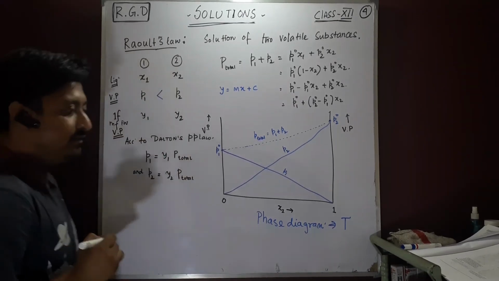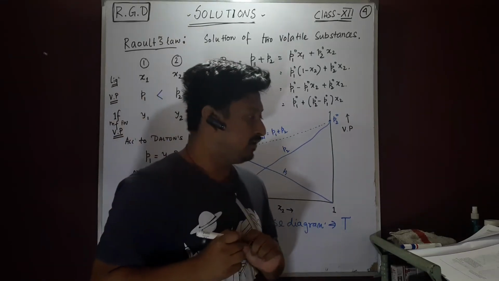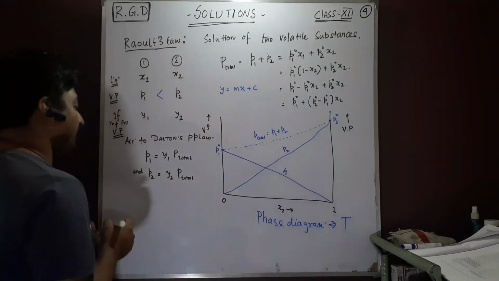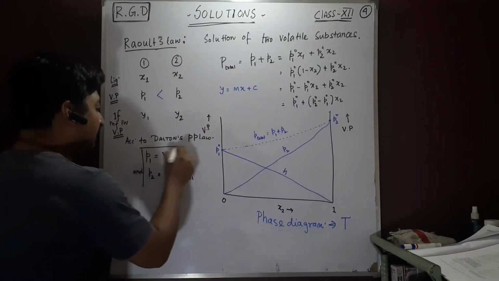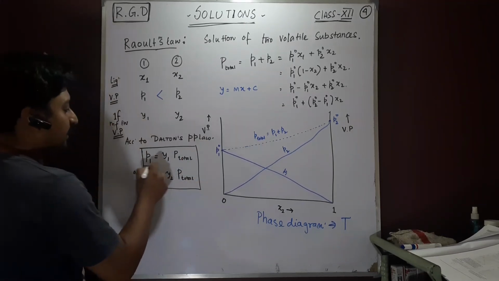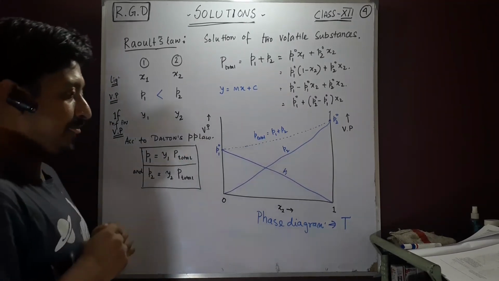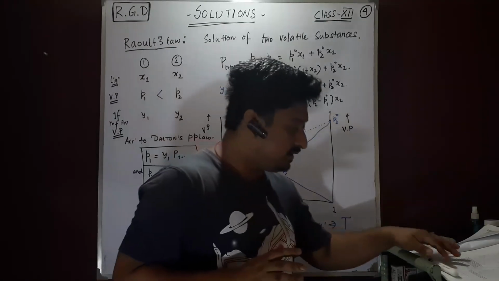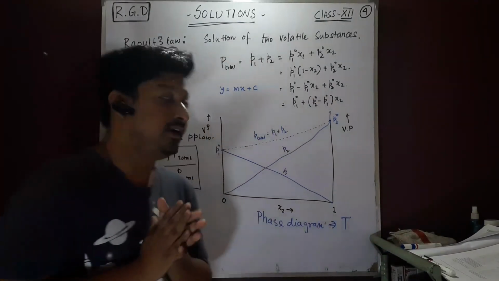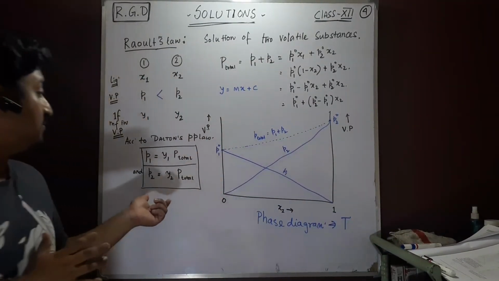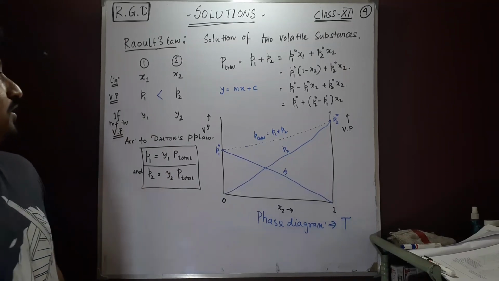This we can write, right? For any component, we can hold this relationship. So till now, this is Raoult's law and the application of Dalton's partial pressure law in the vapor phase.